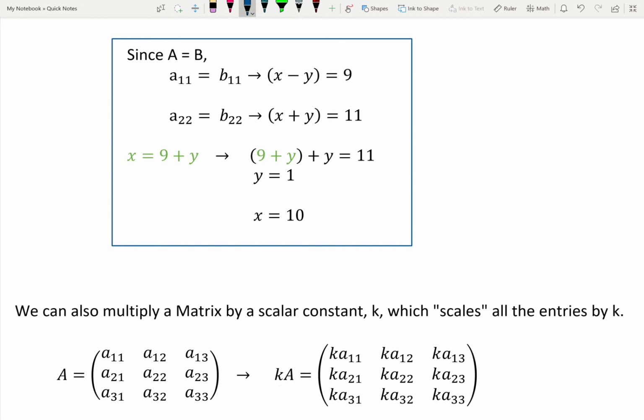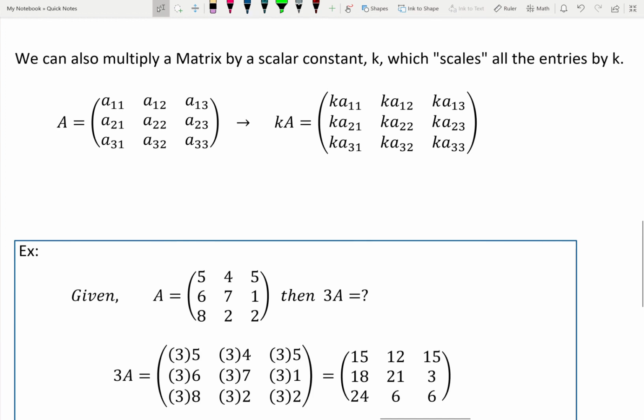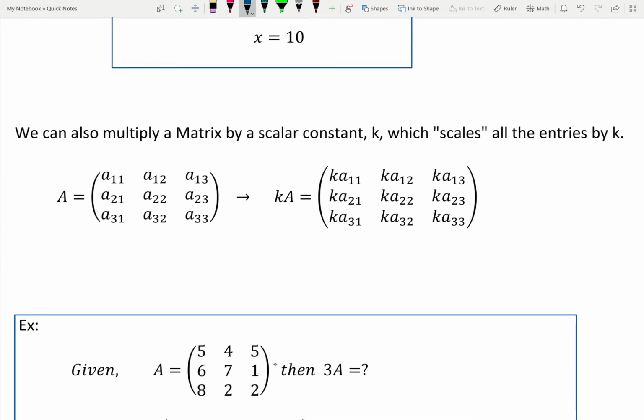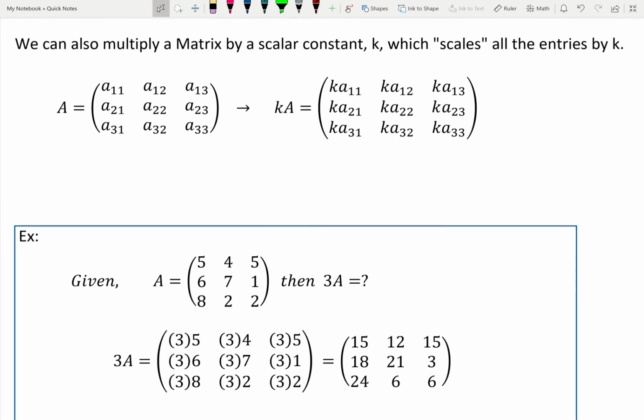So for instance, if I'm given A equals this, then what is 3 times A? Well, all I'm going to do here is because I'm multiplying by the real number 3, I'm just going to multiply every single entry by 3.